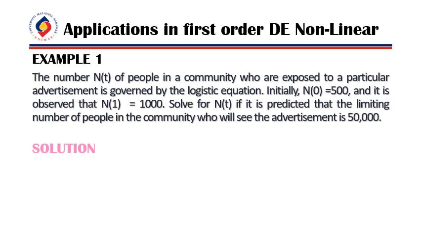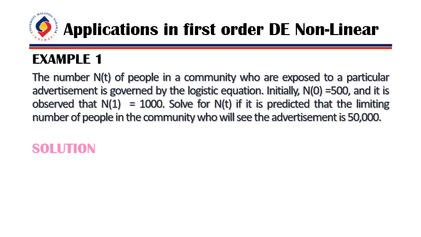We could derive it, but you just use it because it takes time to derive. You just use the solution for the logistic equation. So a and b here are constants, and here is the initial N naught, which is 500.